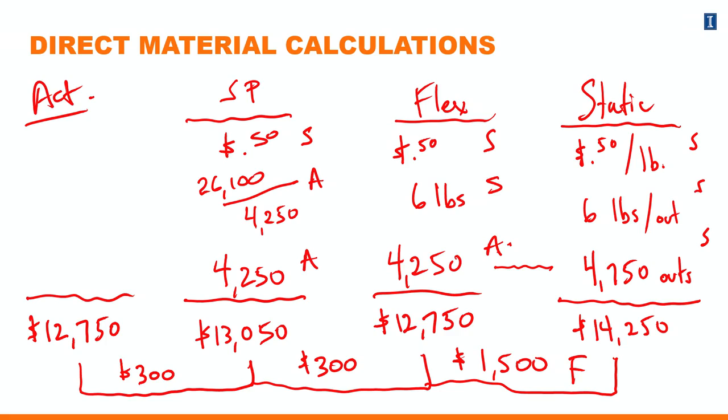So in comparing these two columns, the standard price column is the more actual world, and the flexible column is the more standard world relative to each other. So in this case, the more standard world, $12,750, is less than the more actual world of $13,050.